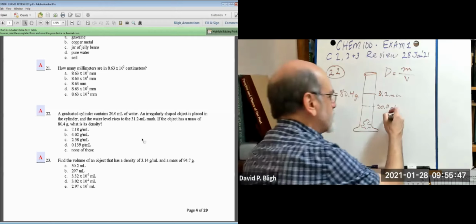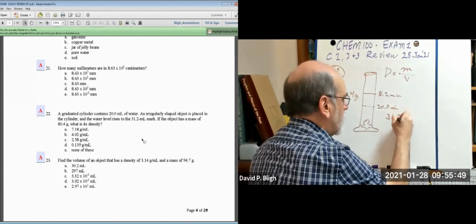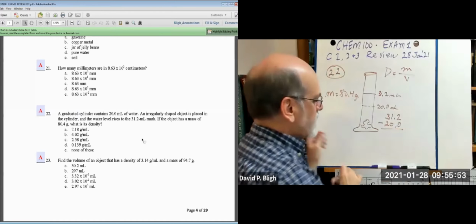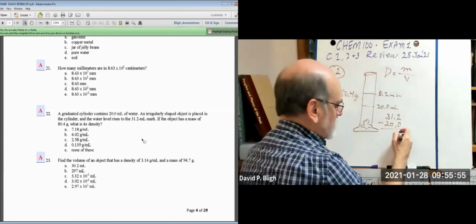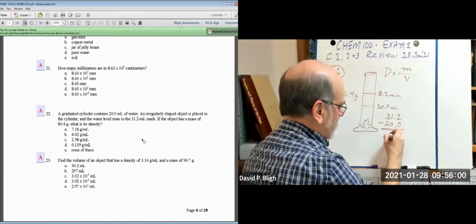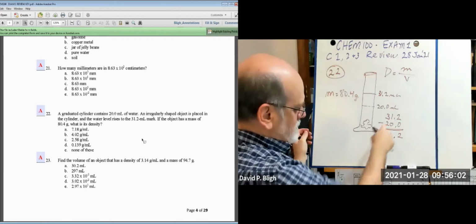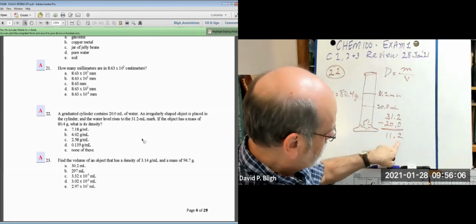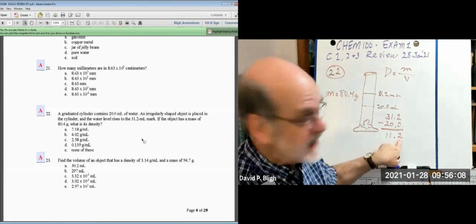So 31.2 minus 20.0 is the volume of the object. Is that right? Yep. And our decimal place is here for both of them, so we get to keep that too.